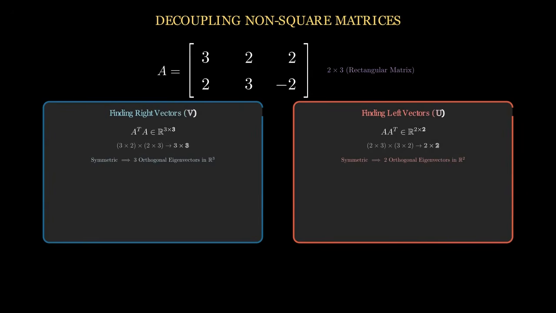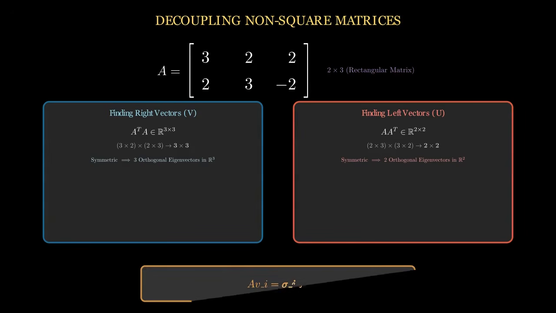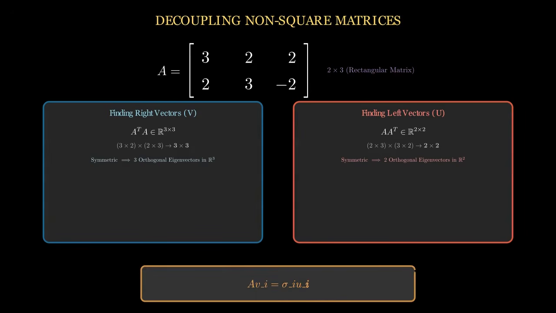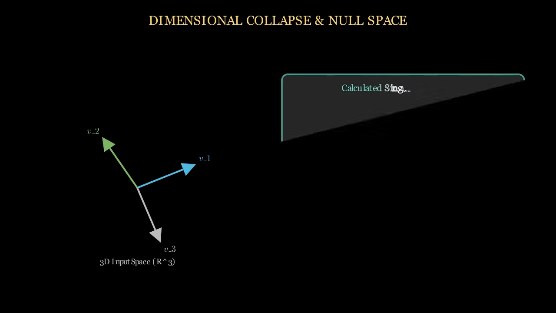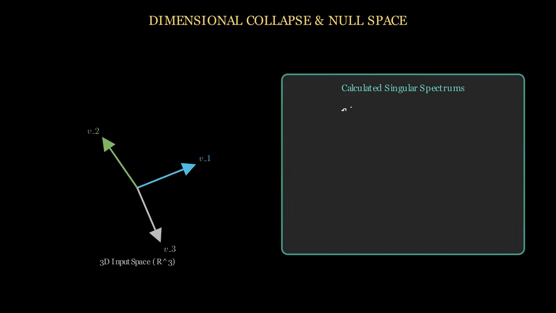The eigenvectors of A transpose A give the right singular vectors for V, and AA transpose provides the left singular vectors for U. When we multiply our matrix A by a column of V, it lands exactly on the corresponding U column, scaled exactly by its specific singular value. For our matrix, this cross-verification holds true, yielding A times V1 equals 5U1, and A times V2 equals 3U2.